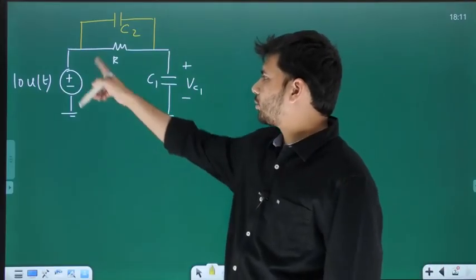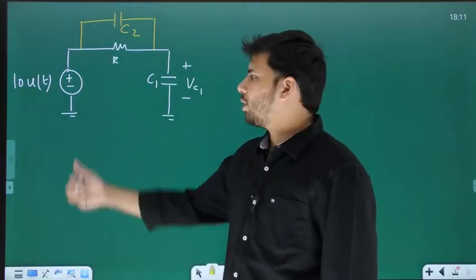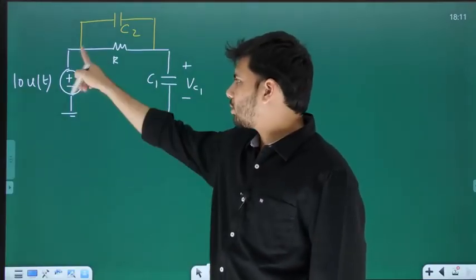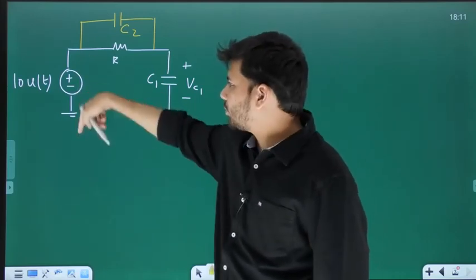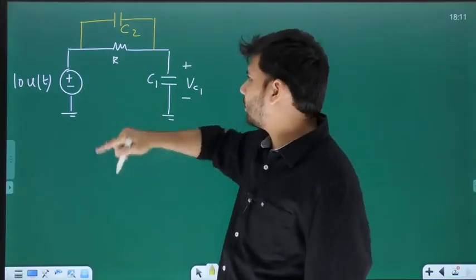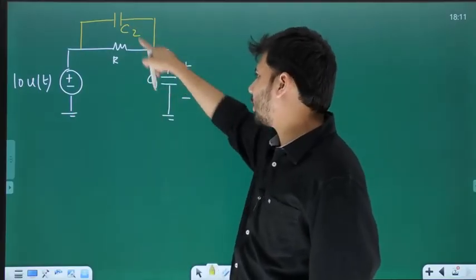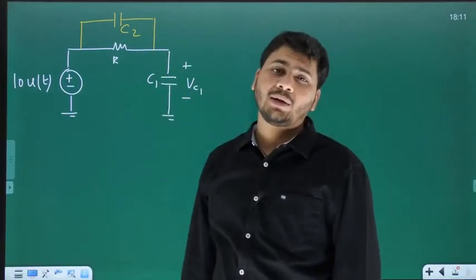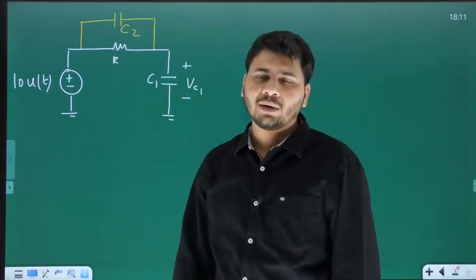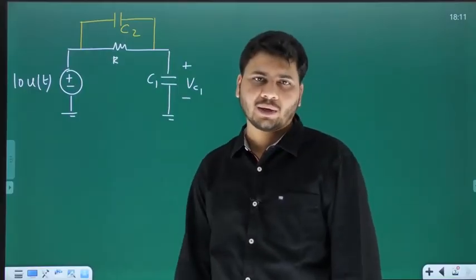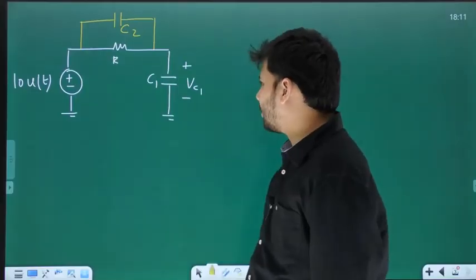So here also, if you make the input source 0, input source is the voltage source. So when you make this voltage source 0, it becomes a short circuit. When this becomes a short circuit, you will find that C2 or C1, all three will be in parallel. Now because C2 and C1 are going to be in parallel, both of them can be clubbed into a single capacitor whose value of capacitance is what?